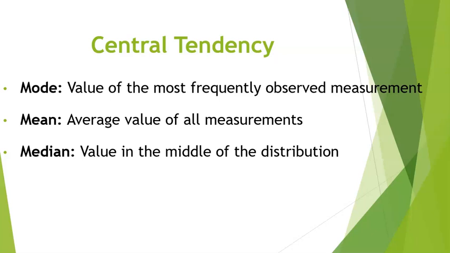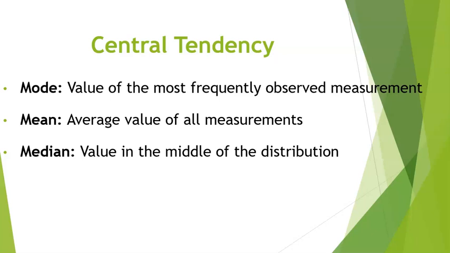Mode is just the most frequently observed measurement. That really just means if you have a bunch of data, what number is represented the most, or which of the data is represented most. You could even use mode for, say, if you ask a bunch of people their favorite color, whatever color has the most responses would be your mode.